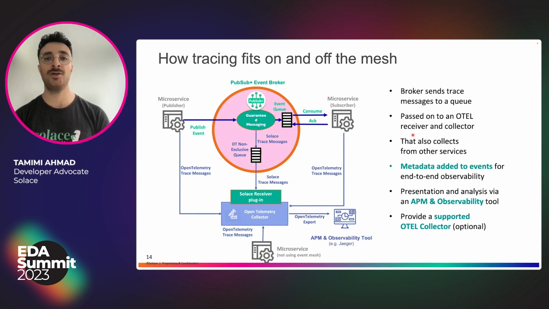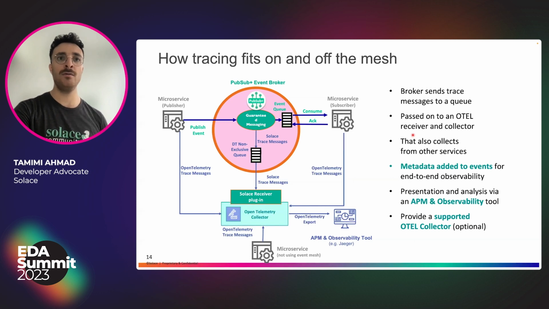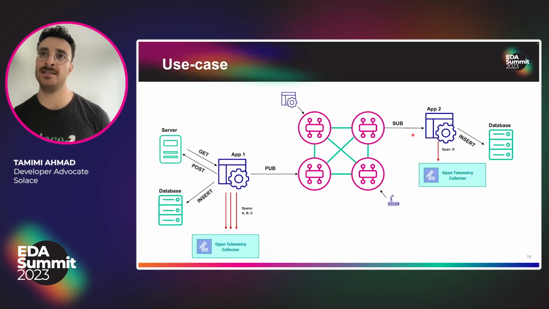So let's say that you're using Dynatrace or Jaeger or Datadog. You can have an exporter in your OpenTelemetry collector that exports all this information to the observability tool of choice.